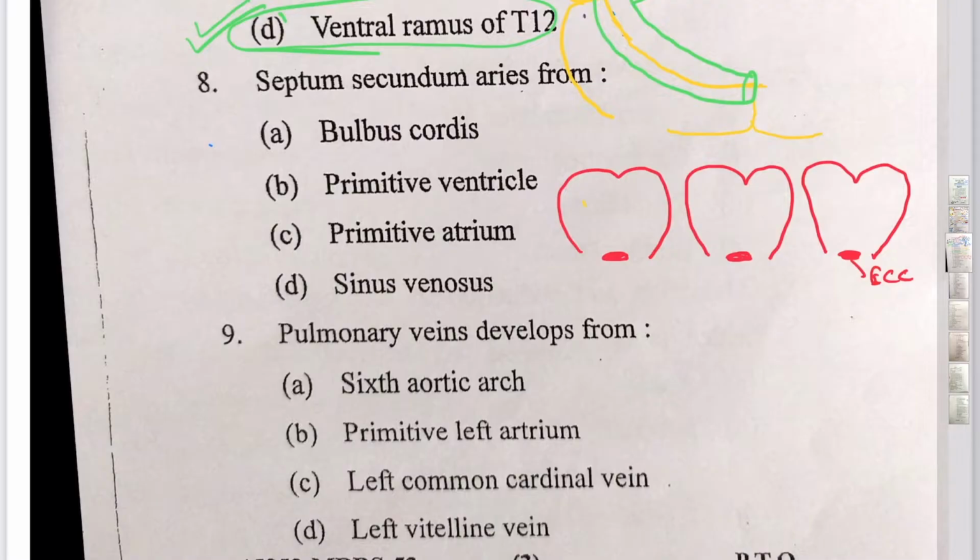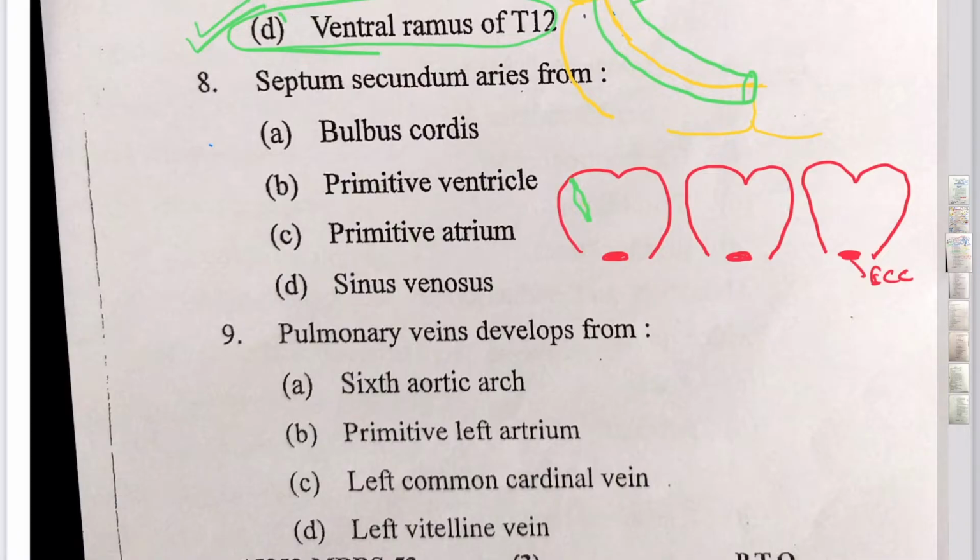Then the other things which are already formed, let me draw here: the septum spurium being developed, and then the sinoatrial orifice being developed here in the right atrium. All these events happen in the 5th week of intrauterine life.